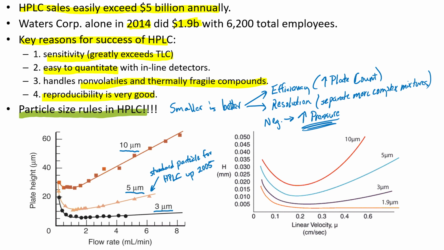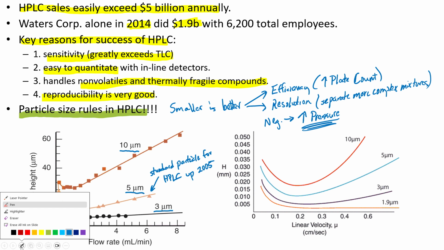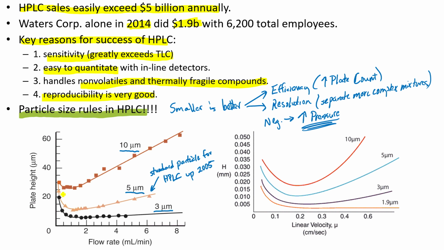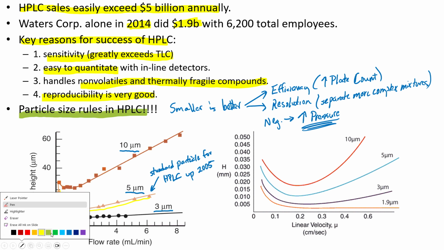And then after 2005, we started going, well, if you can get this small a curve with 5 microns and generate that much pressure, what happens if we go to smaller particles? And then we realized, well, let's just drop it down to 3.